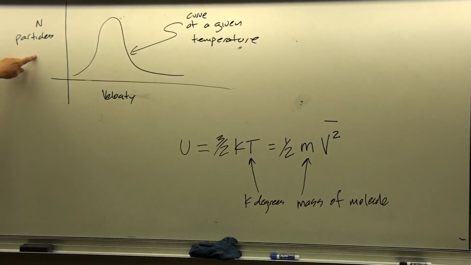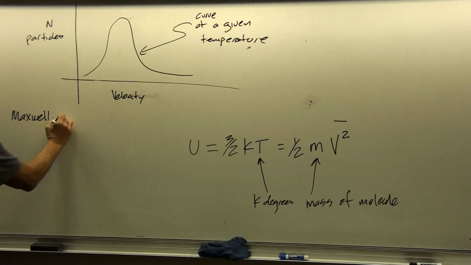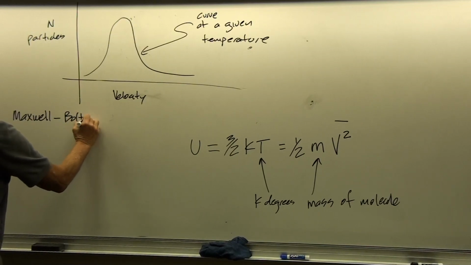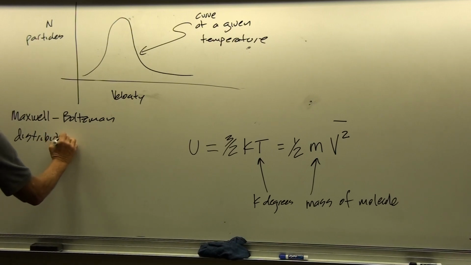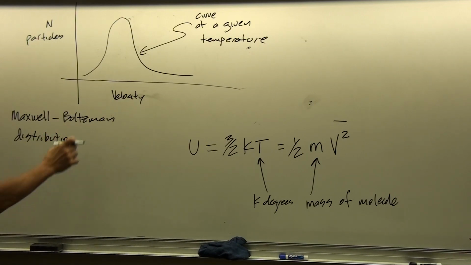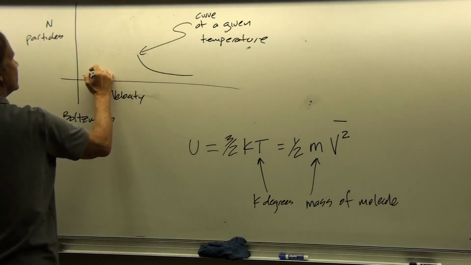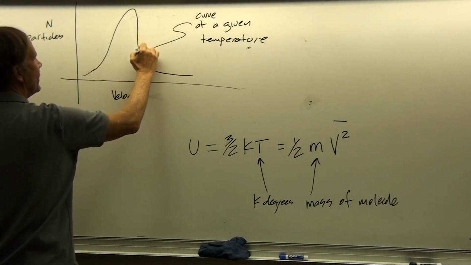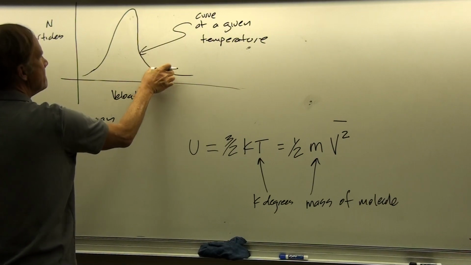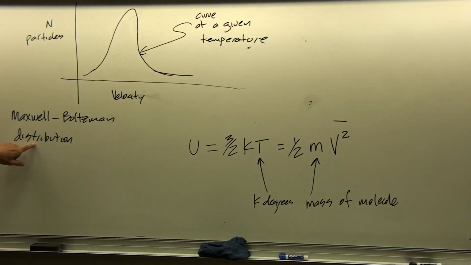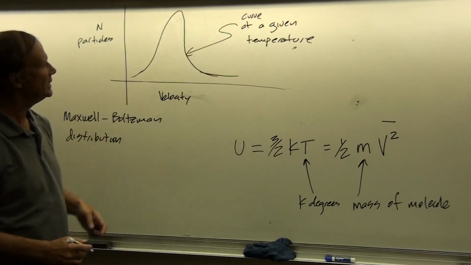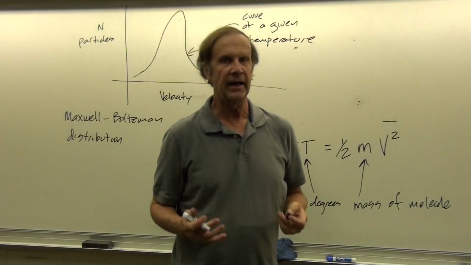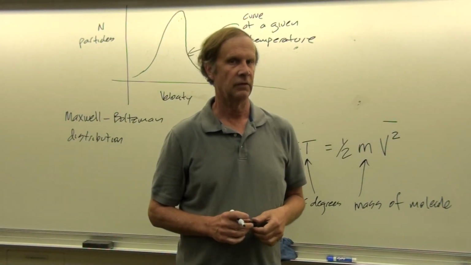This is called a Maxwell-Boltzmann distribution. And what it is, essentially, and this isn't perfectly symmetric, this should kind of increase up and then maybe drop off a little faster on this side, is a distribution of molecular velocities versus how many particles are at each of the individual velocities.